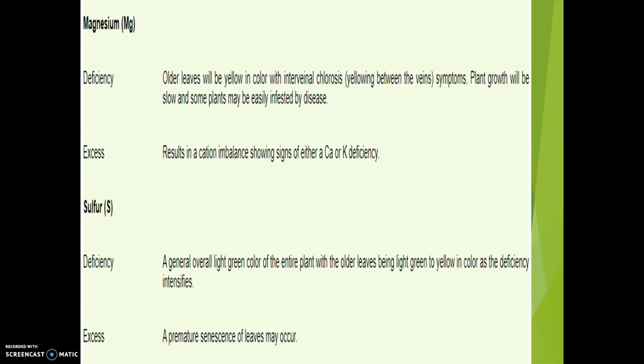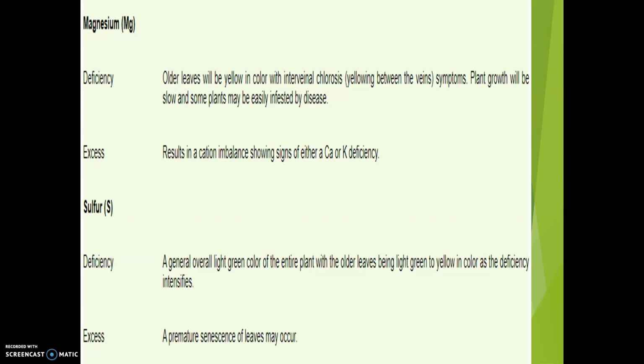Then coming to the deficiency, older leaves will be yellow in color with interveinal chlorosis. Interveinal chlorosis, or yellowing in between the veins, is a particular symptom of magnesium deficiency. Then plant growth will be slow and some plants may be easily infested by diseases.